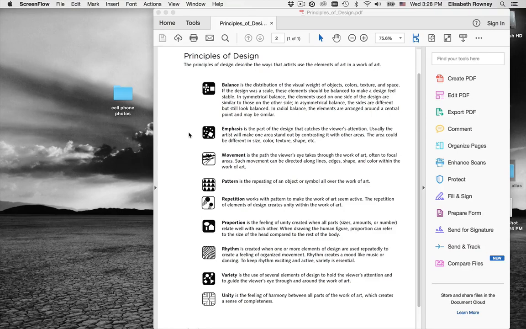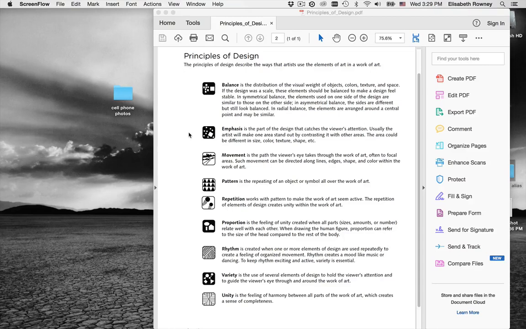Pattern. Now, there is a difference between pattern and repetition. Students usually try and use these words together as one and say that there's a repeating pattern. Now, it is possible to have a repeating pattern, but not every pattern is a repeating pattern.